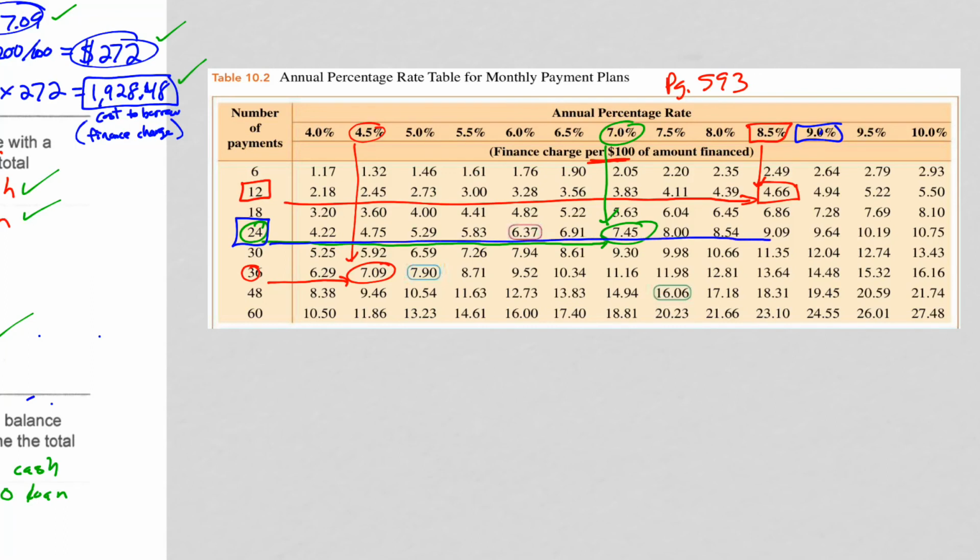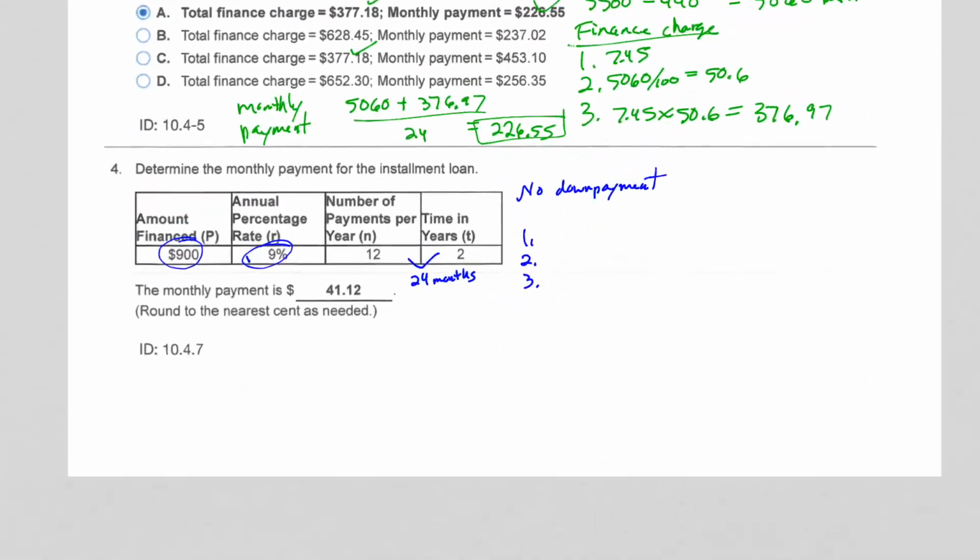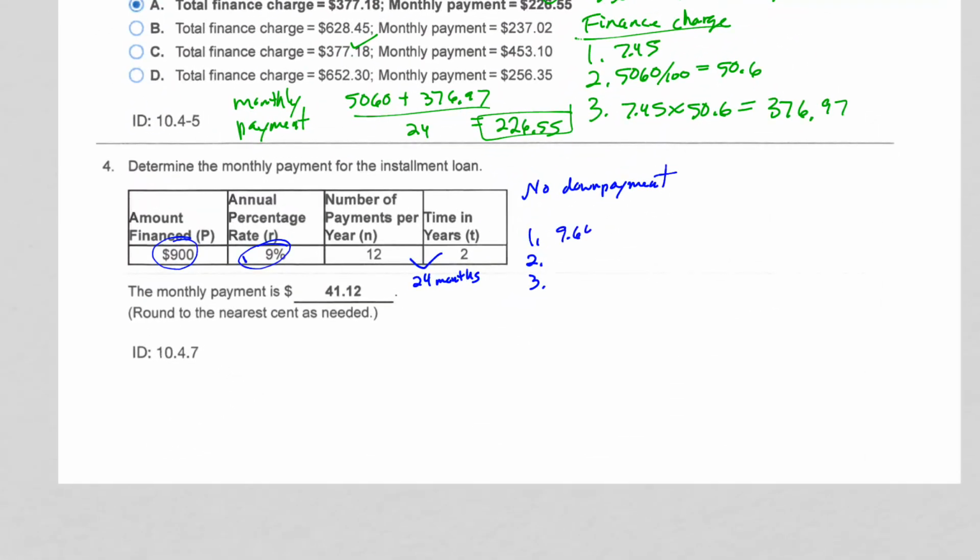If I follow that across, $9.64. Great. We're borrowing $900, so if you divide by 100, you get 9, and then you multiply those two, and you get 86.76.